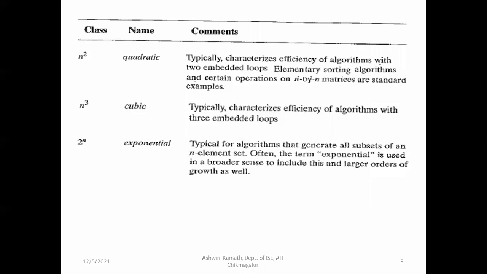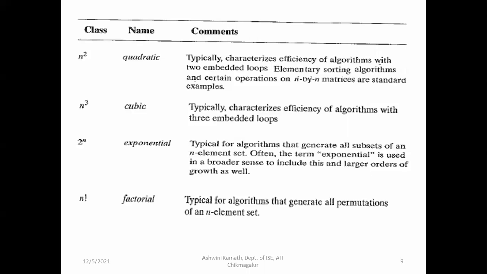Typically, for algorithms that generate all subsets of an n element set, if it generates all the possible subsets, then usually the algorithm will get the efficiency 2 to the power of n. It is called exponential because the term is used in a broader sense to include this and larger orders of growth as well.